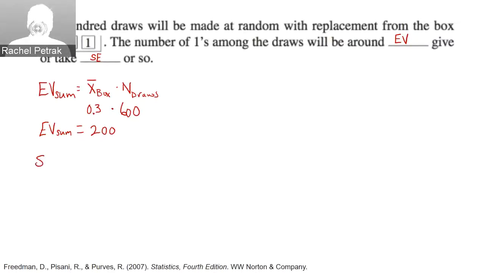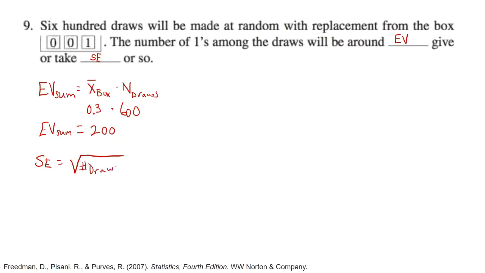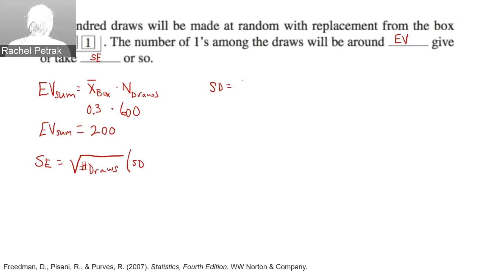And we can get our standard error by looking at the square root of the number of draws times the standard deviation. Once again, we need to get our standard deviation, but we still have a box that's big, small.